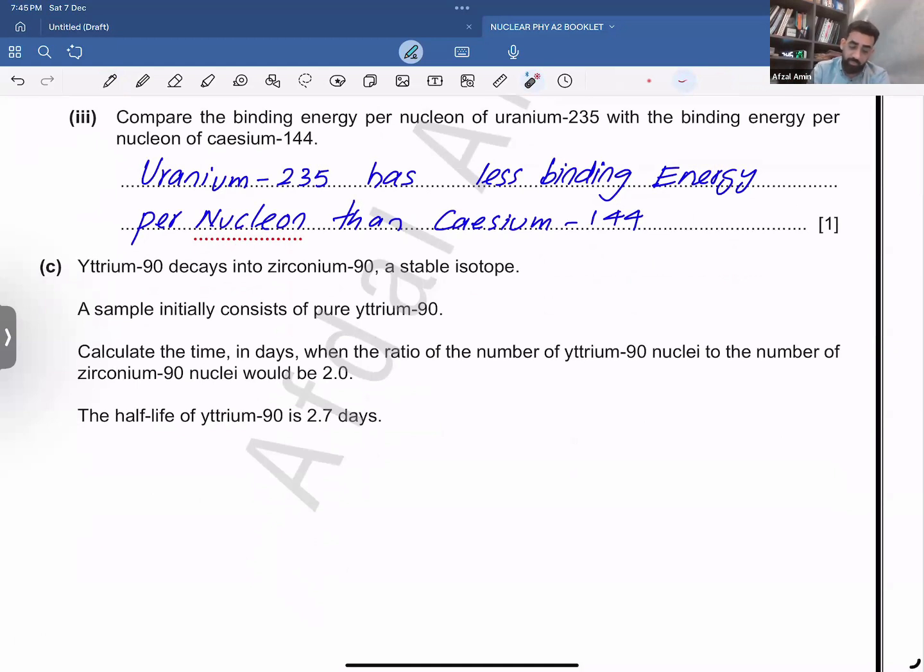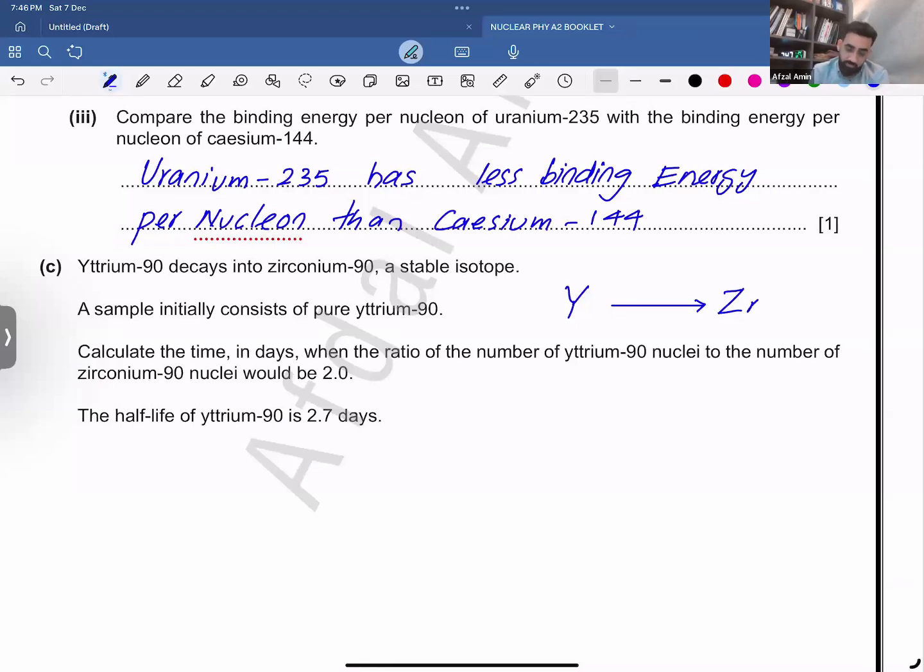So after that, my dear, yttrium 90 decays to zirconium 90, a stable isotope. The initial sample is pure yttrium. So whatever is the case, the Y is changing into zirconium, which is Zr, if you know chemistry.